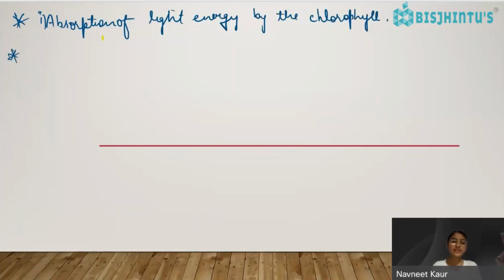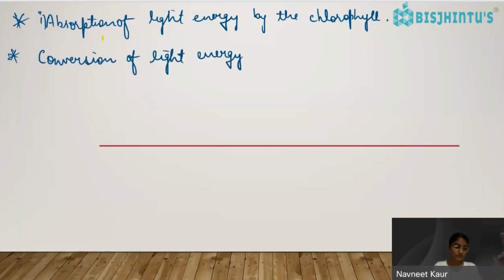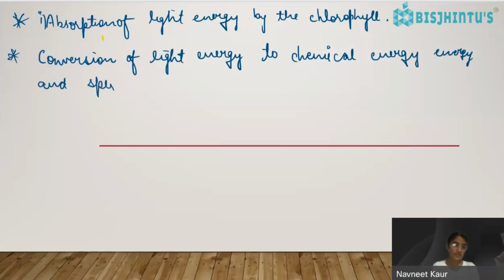सबसे पहले जो लाइट एनर्जी है वो क्लोरोफिल के द्वारा अब्सॉर्ब की जाती है, देन कन्वर्ट किया जाता है उसे, conversion of light energy to chemical energy. अभी हम लाइट एनर्जी को एज इट इज तो यूज नहीं कर पाएंगे, and then it is converted into chemical energy, and then splitting of water molecules takes place.